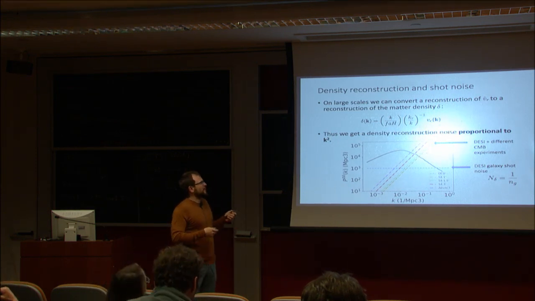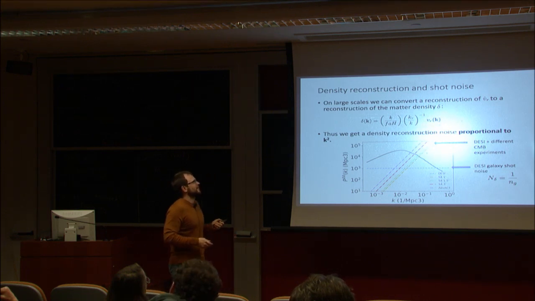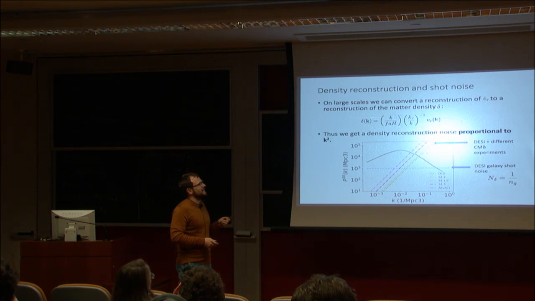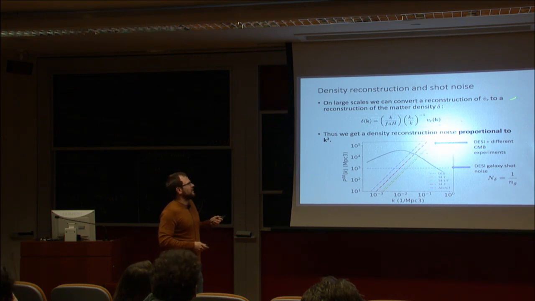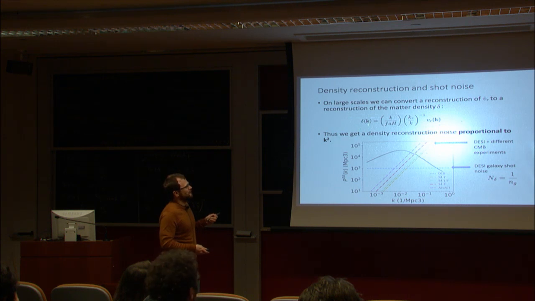Now, as you know, on large scales, which is where we measure this velocity field with the kSZ, you can use linear perturbation theory, and you can relate the velocity field to the delta field, to the matter perturbations, in a direct way. So if we measure this here, then from the velocity field we can calculate what the matter perturbations are.